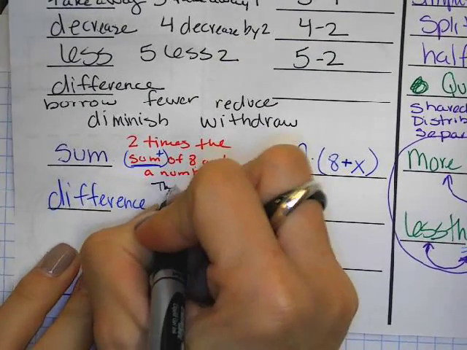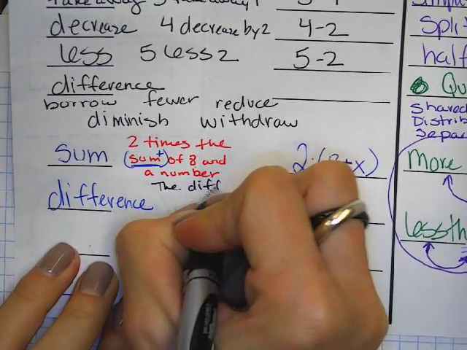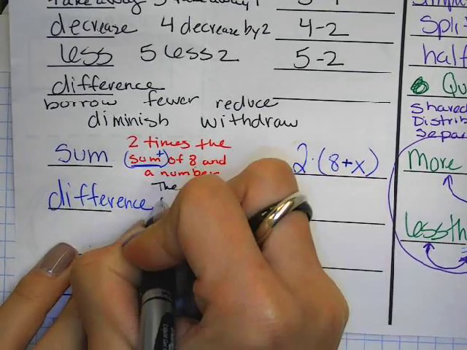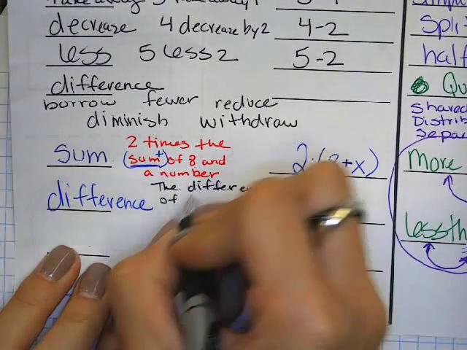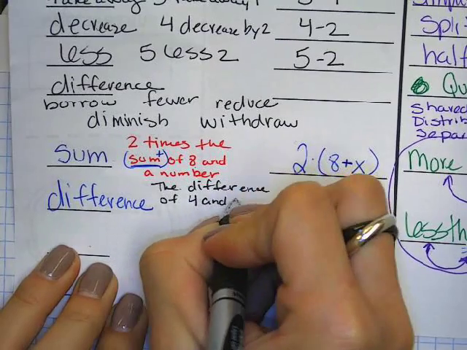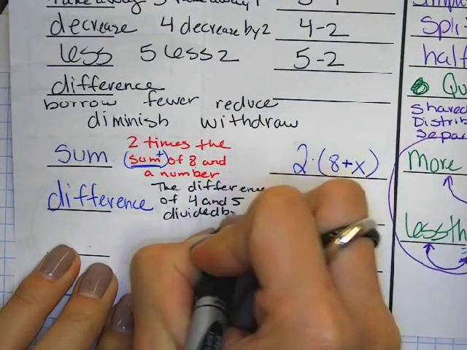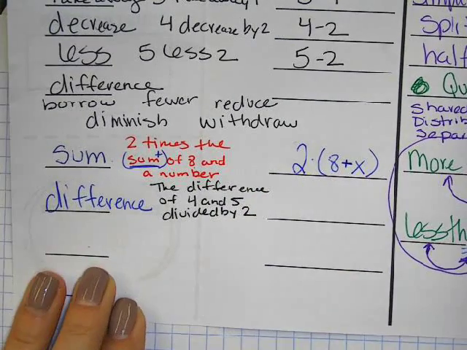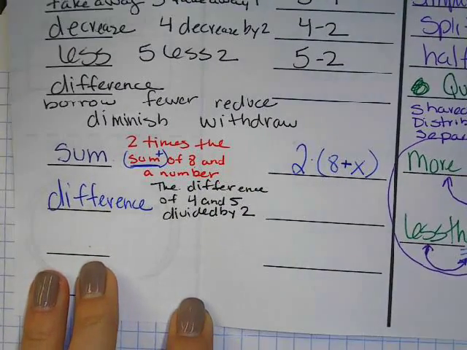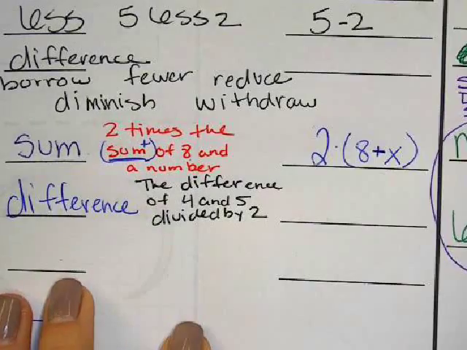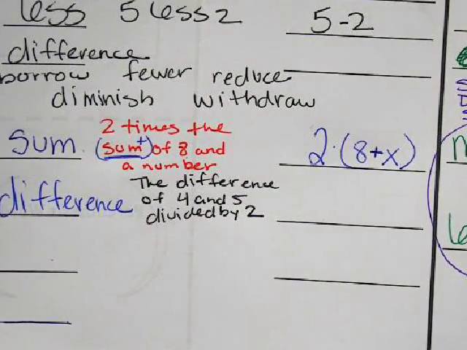Okay. The difference of 4 and 5 divided by 2. All right, let's focus on this. Difference. The difference of 4 and 5 divided by 2.